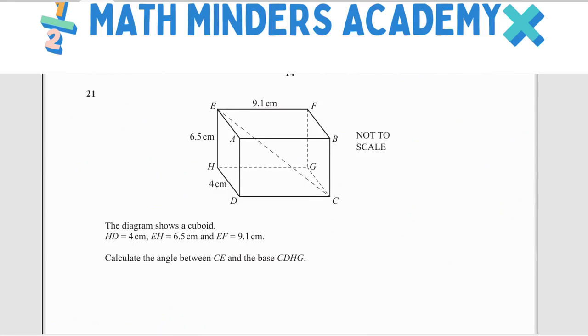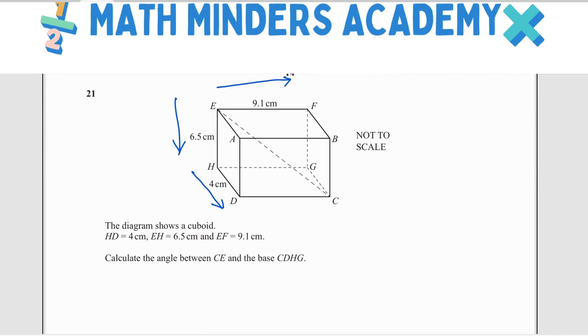Question number 21. Here they say the diagram shows a cuboid. HD is 4 centimeters, which is this. EH is 6.5 centimeters, which we have this. And EF is 9.1 centimeters, which is this. Calculate the angle between CE and the base CDHG.